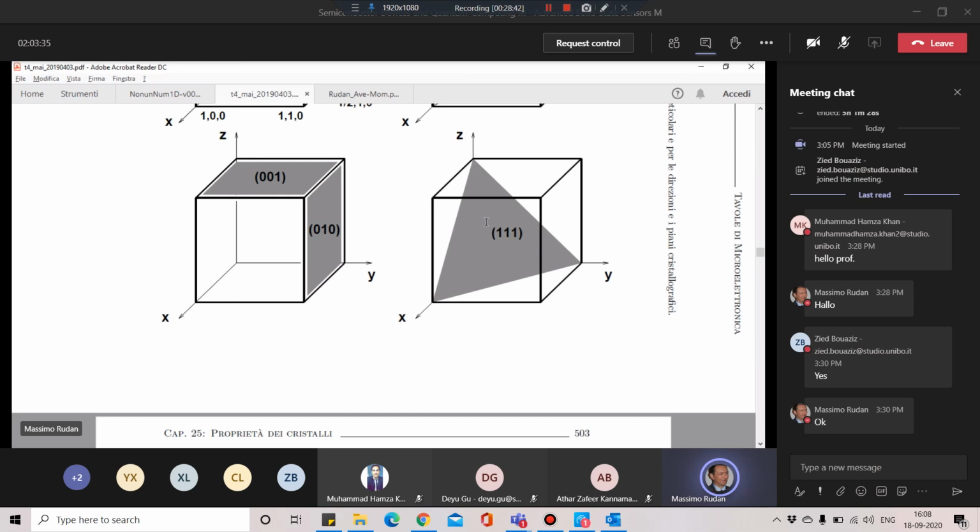Continue rotating, you may reach position 3 in the vertical direction, so you reach 1, 1, 3 as a description of the plane, okay? But there is a risk that if you rotate too much and this triangle becomes vertical, the intercept with the z-axis becomes infinite, okay?